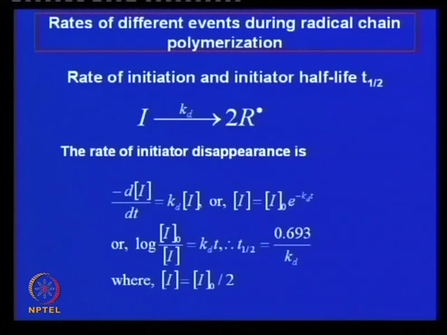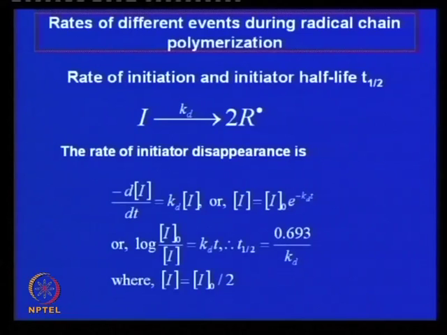So, if we want to evaluate the kinetics of polymerization involving olefinic monomers for addition chain polymerization, we have to consider the rates of decomposition of initiator, rate of initiation, rate of propagation and rate of termination. So, we see here that rate of initiation and initiator half life will let us discuss today.